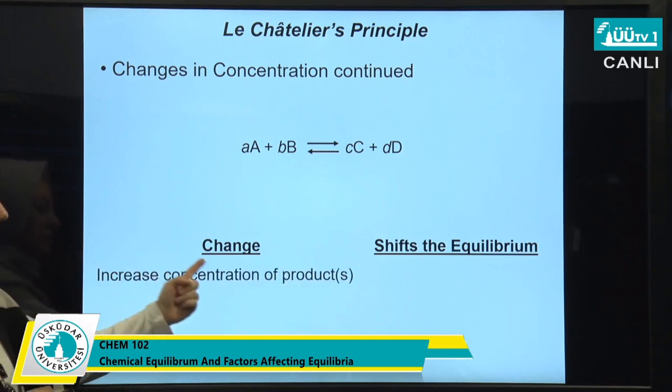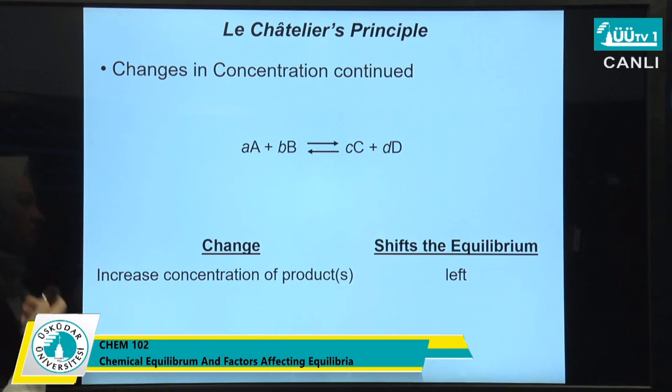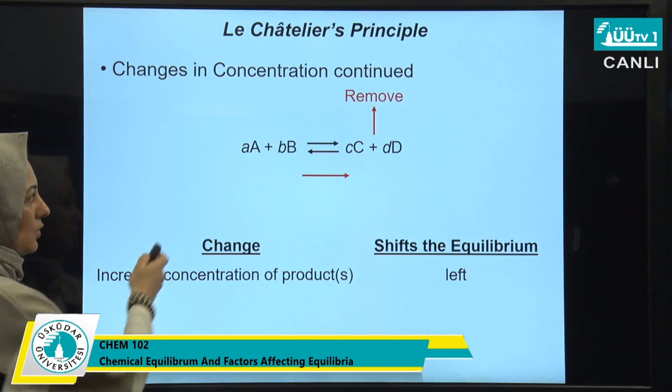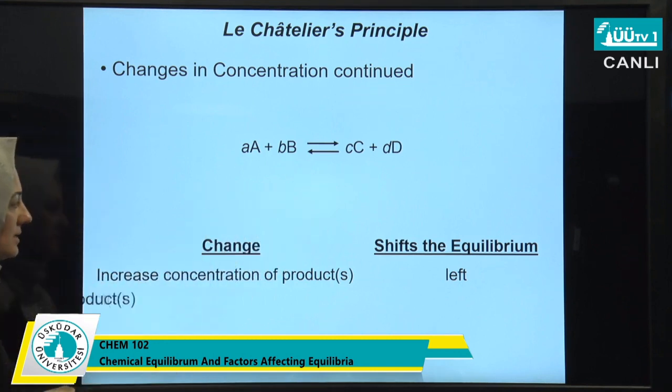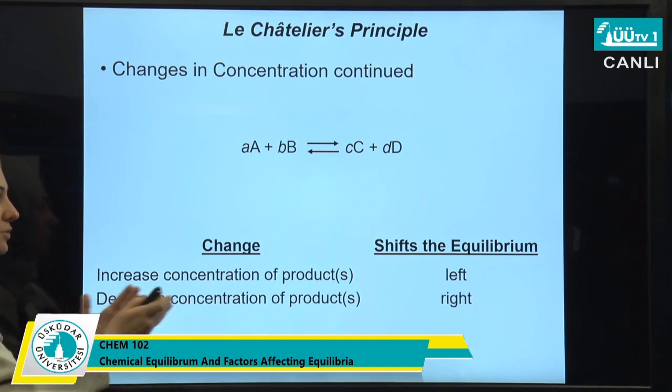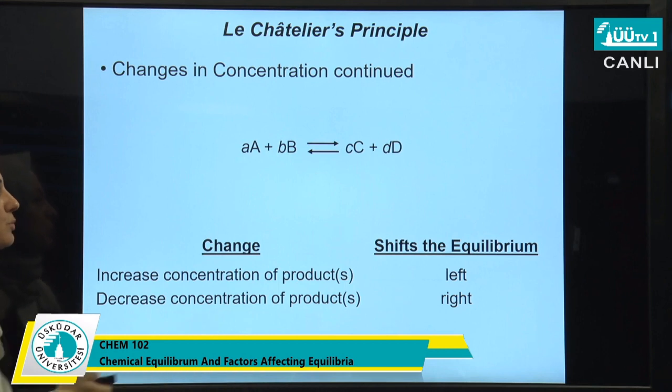So if you increase the concentration of products, the equilibrium will shift to the left-hand side. Now, how about if you remove the products formed? You are removing some product from your medium. Then the system will try to produce more product. So the reaction will proceed to the right-hand side. And if you decrease the concentration of products, the equilibrium will shift to the right in order to produce more products now.